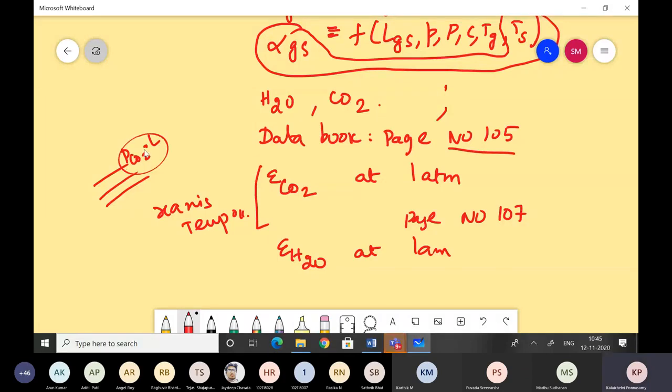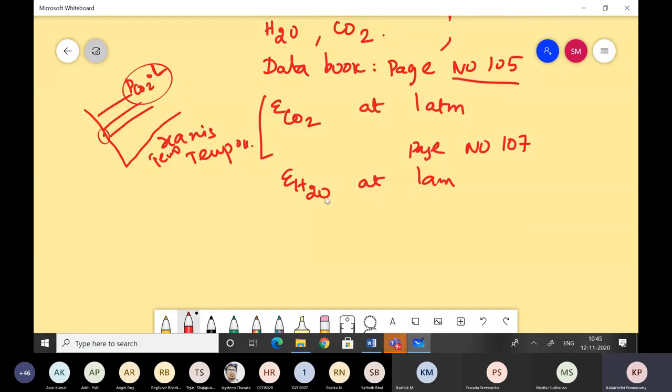The partial pressure of CO2 multiplied by the mean beam length corresponds to the different lines in your chart. So you know the partial pressure of CO2, you know how to calculate your mean beam length, and you know the temperature at which it exists. Accordingly, you will be able to calculate the emissivity of CO2 and emissivity of H2O using the charts on page numbers 105 and 107.